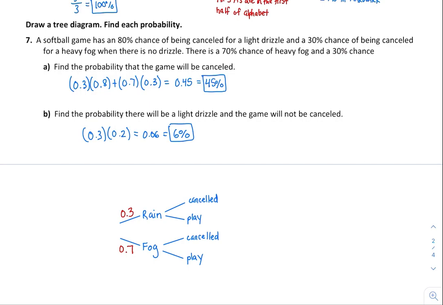So that's 0.8 there, which means if they play, 1 minus 0.8, 0.2. And the reason why it adds up to 1, you guys, is because if there's an 80% chance of being canceled, then it just makes sense that it's 20% for whatever is not that, so it adds up to 100%.